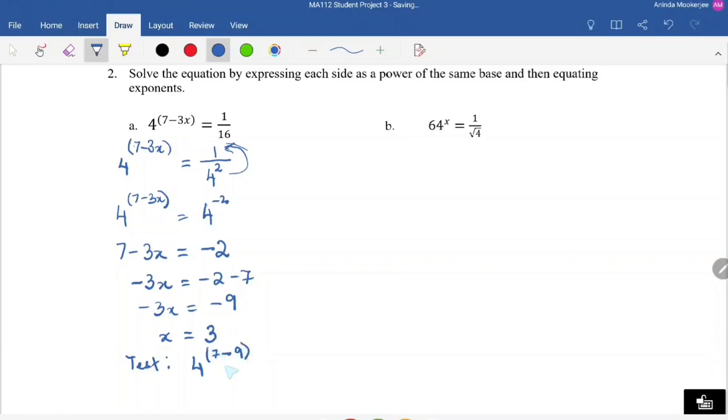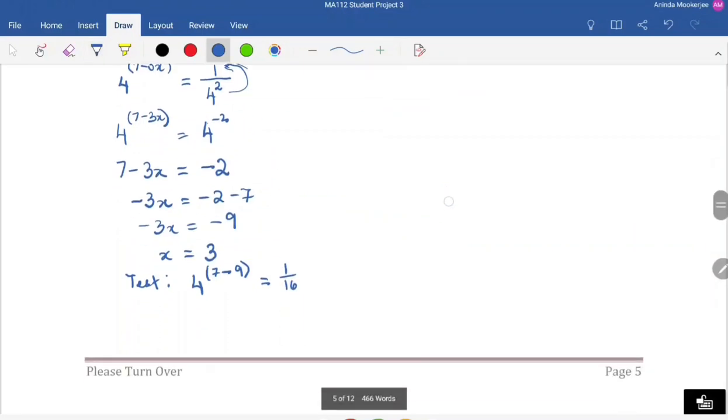4 raised to the power 7 minus 9 equals, we have 1 divided by 16. So let's see, we have 4 raised to the power 7 minus 9, which is negative 2, which again is a negative exponent.